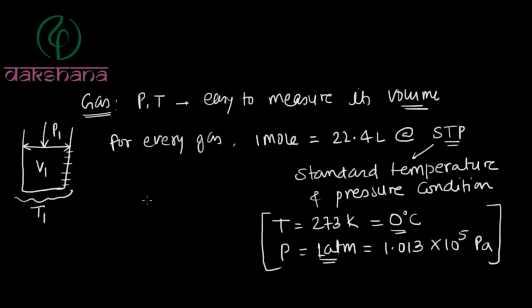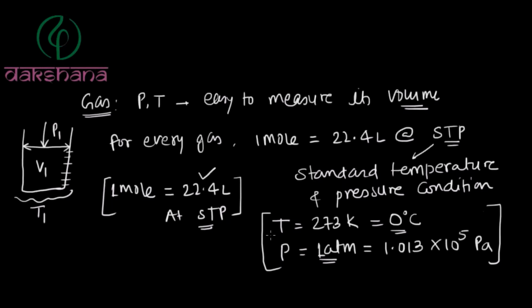So basically for every gas, if I take 1 mole of any gas at STP condition, then this will occupy a volume of 22.4 liters at STP. Okay, so always remember that this volume is at a specific condition and not at some random condition.